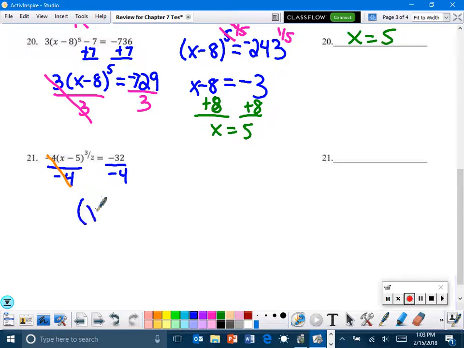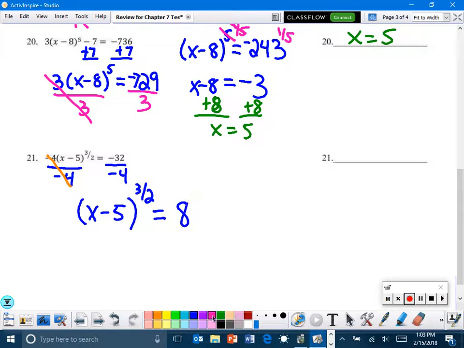So we have x minus 5 to the 3/2 power. So again, before we go on, the top number of the exponent is odd, so we're going to have one answer. All right, negative 32 divided by negative 4, I believe that should be a positive 8.